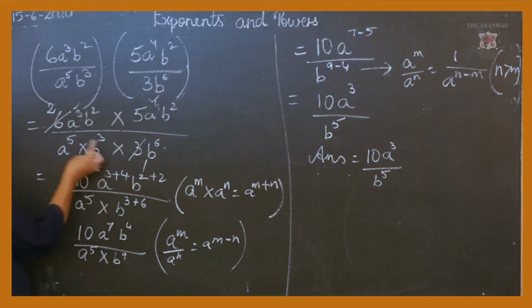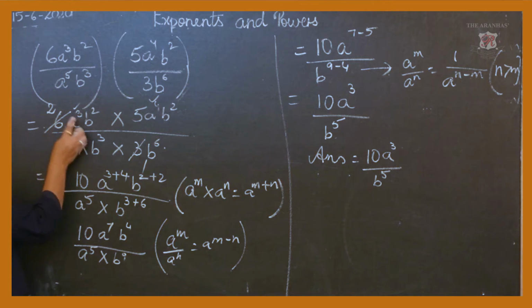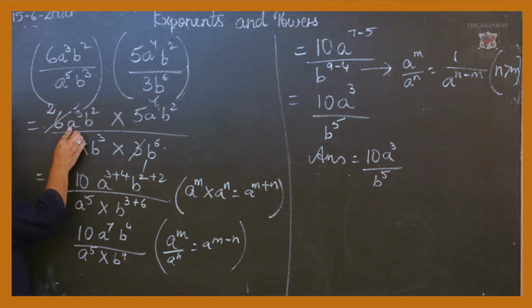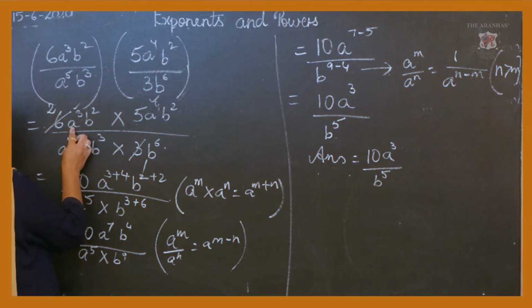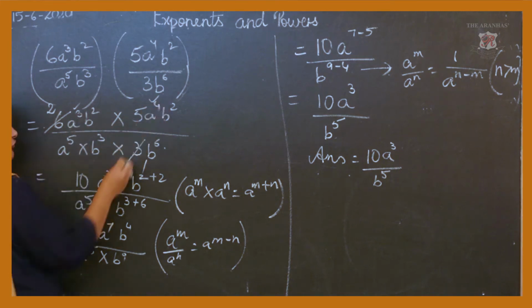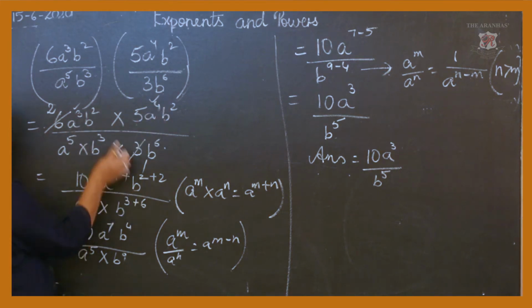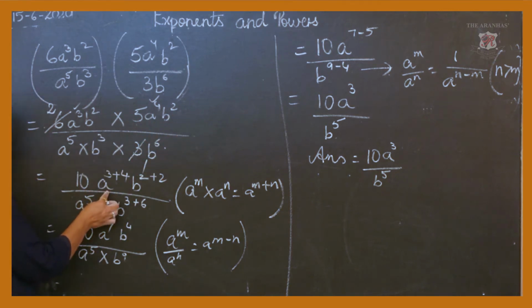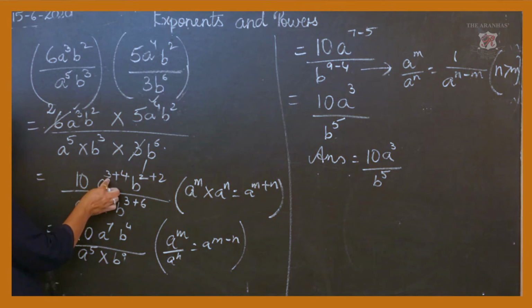Okay. So here 3 ones are, 3 twos are. So what is remaining? 2 into 5 will give you 10, a raised to m into a raised to n is a raised to m plus n. So a to the power of 3 plus 4, and b 2 plus 2, that is equal to what? 10, a to the power of 3 plus 4.